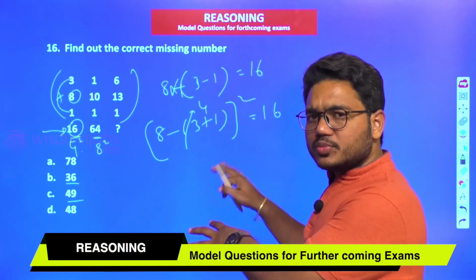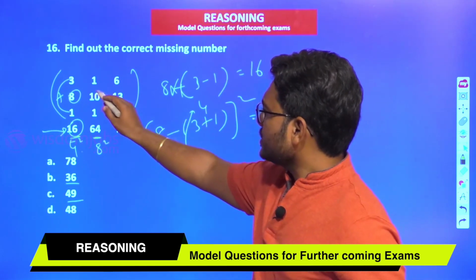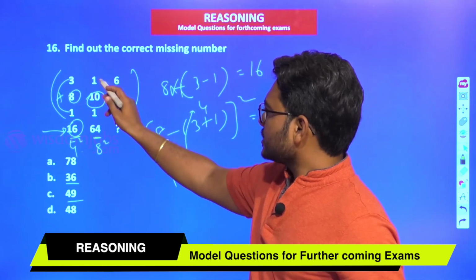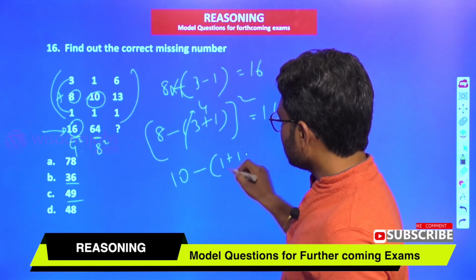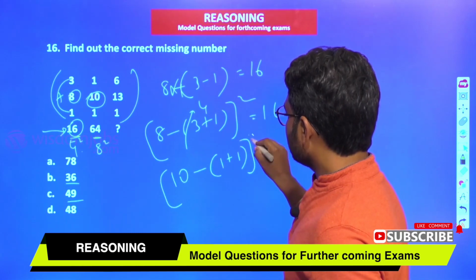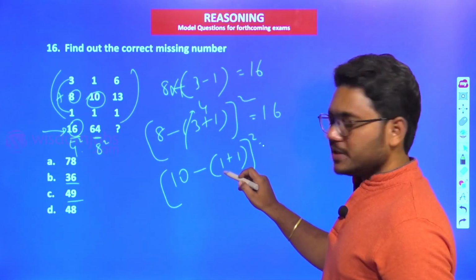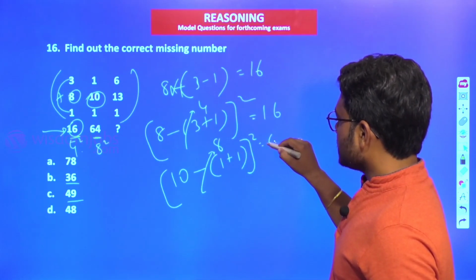So try to put that pattern to the next set. How can I write this? The middle term 10 minus the sum of the other two terms, 1 plus 1, whole square. So it is obvious that 10 minus 2, 8 square is 64.